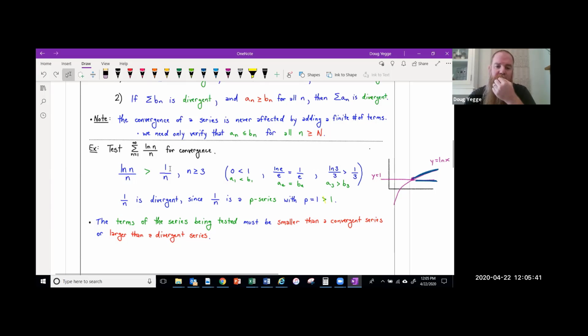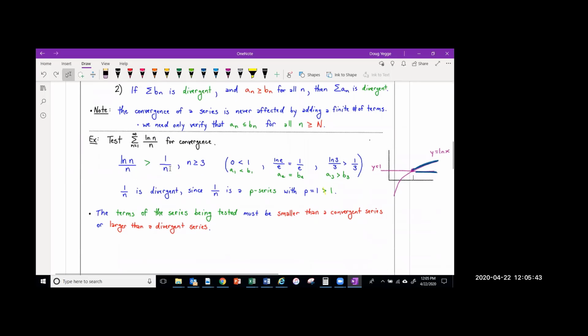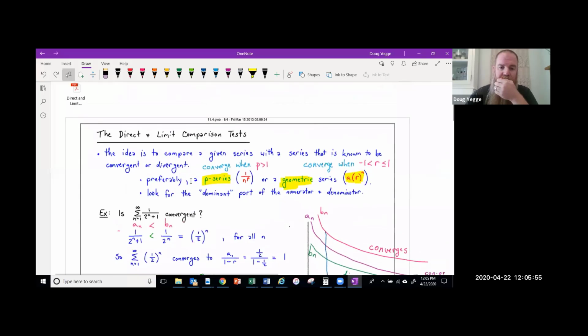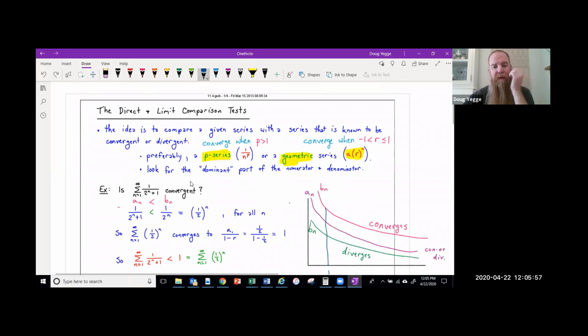Cool. Why do you pick 1 over n for b? Because it's the best choice that's close to that series. Because if you look up here, let's say that I wanted to compare, for instance, 1 over 2 to the n plus 1, and I want to compare that to 1 over n squared. Which of these is bigger?